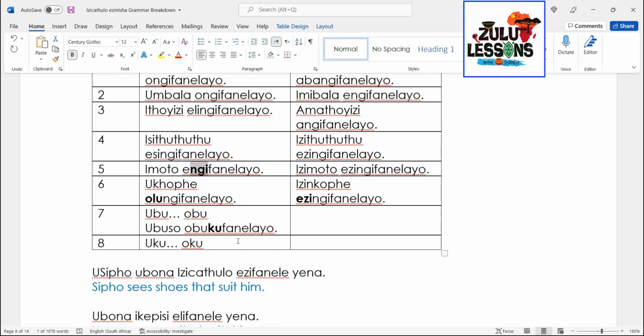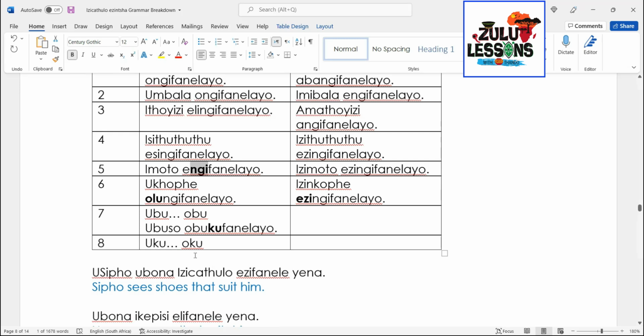And then when we are saying ukukula, we are now saying growing. And so that noun that we have now made with the verb, in English would be the noun that ends with ing. So that you can use it as a subject of the sentence, and you can also use it as an object of the sentence. So this is what we are talking about here, the class 8 noun. Its prefix for the adjective and or adverb would be oku.